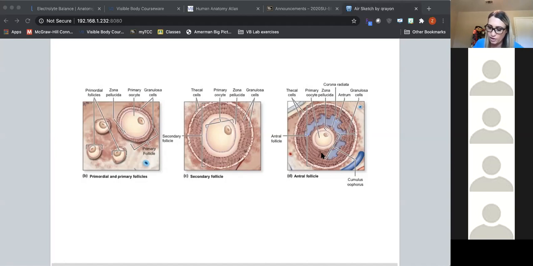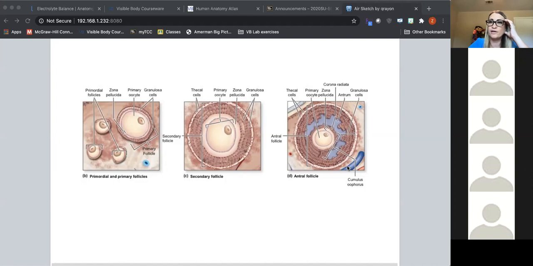Corona radiata is that single layer of cells surrounding the oocyte. All of the cells that are surrounding the oocyte, that's the cumulus oophorus, and corona radiata is basically part of that, okay? So that's a little bit of terminology here.